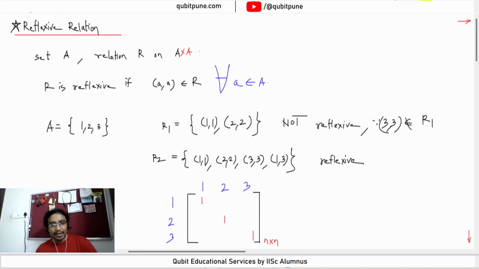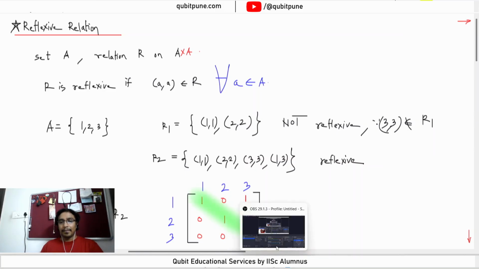But if I want to represent R2 here, then I must come up with 1 at one more location, (1, 3), and everything else will be 0. So if an ordered pair belongs to that relation, I'll mark 1. If it does not belong, then I will mark it 0. But for a relation to be reflexive, the principal diagonal of the corresponding matrix should always be 1. Is that clear?